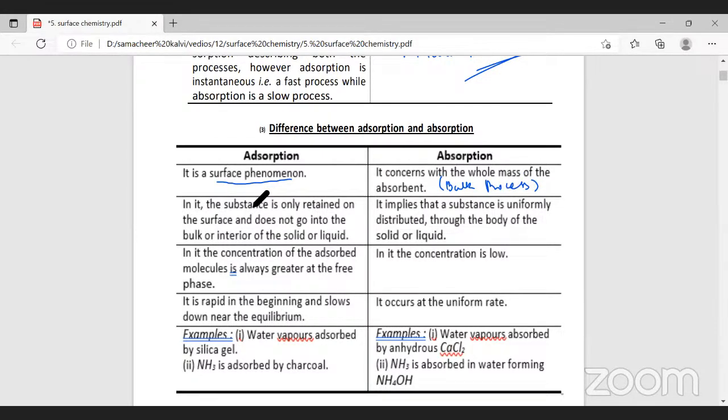Adsorption is a surface phenomenon; absorption is a bulk phenomenon. Molecules will be uniformly distributed on the surface as well as in the bulk.